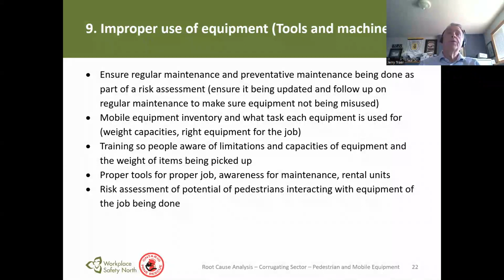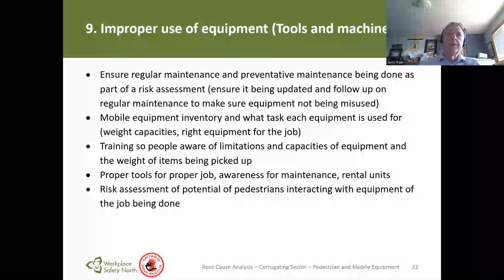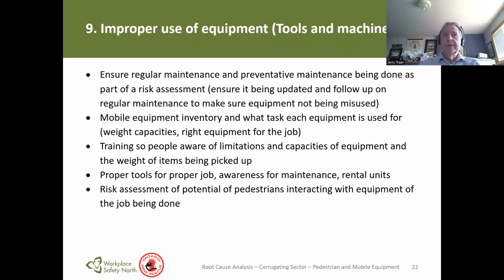So the improper use of equipment falls under our tools and machines. So ensure regular maintenance, preventive maintenance is being done as part of that risk assessment. Ensure it's being updated and followed upon on regular maintenance to make sure equipment's not being misused. Mobile equipment inventory of what task each equipment is used for, weight capacities, having the right equipment for the job.